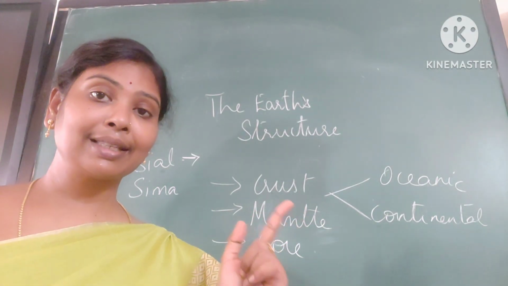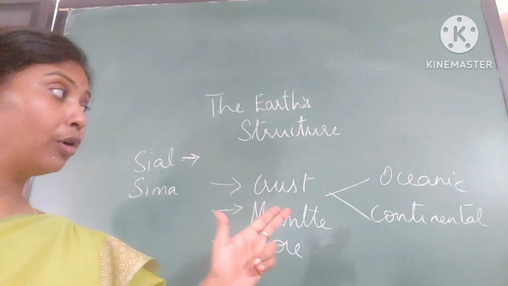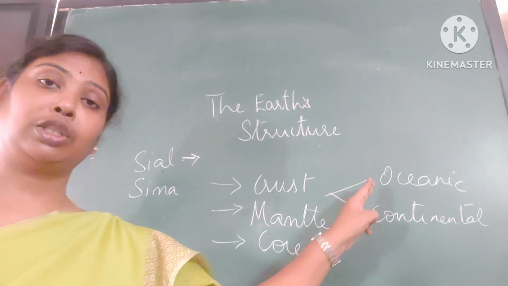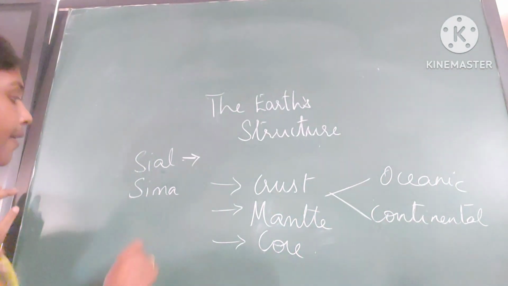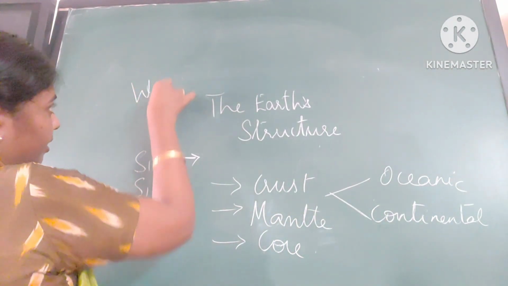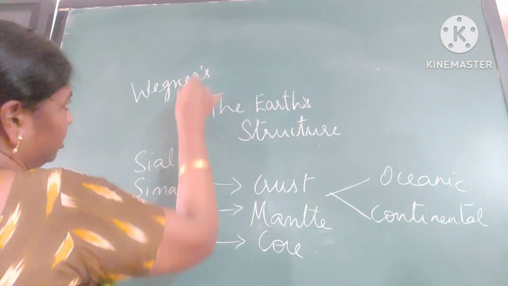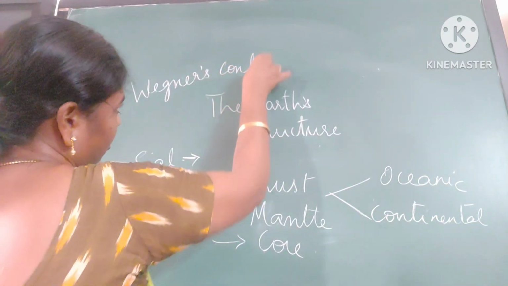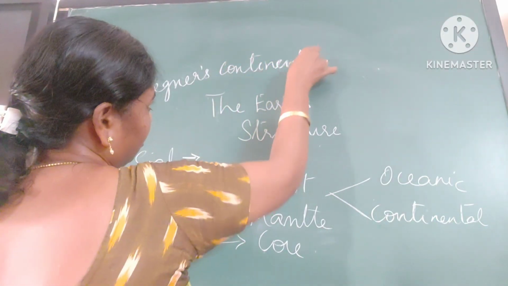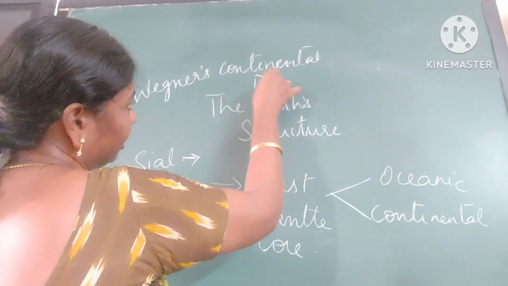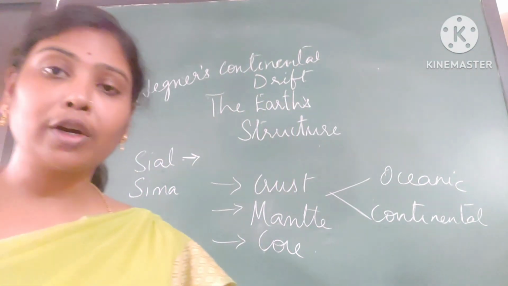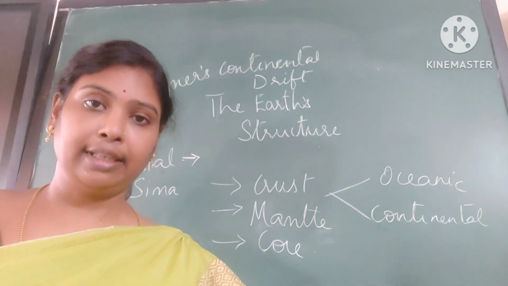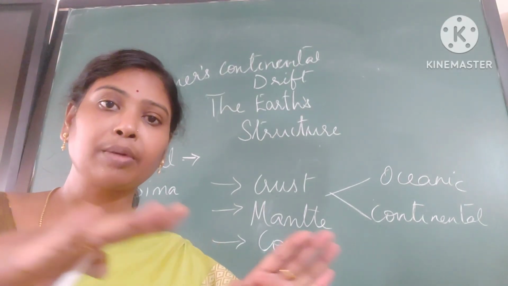This theory of floating of the continental crust over the oceanic crust is known as Wegener's continental drift theory. Drifting means moving.